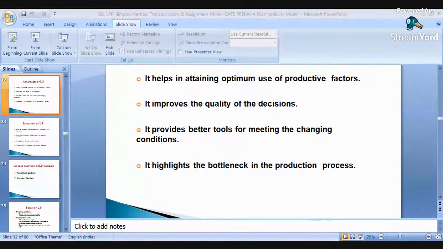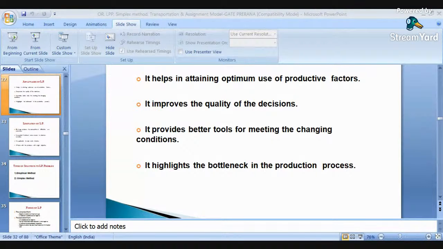Determine the quantity to be shipped to the selected unoccupied cell, and trace the closed path for the unoccupied cell and identify the minimum quantity by considering the minus signs in the closed path. So this is the stepping stone method.